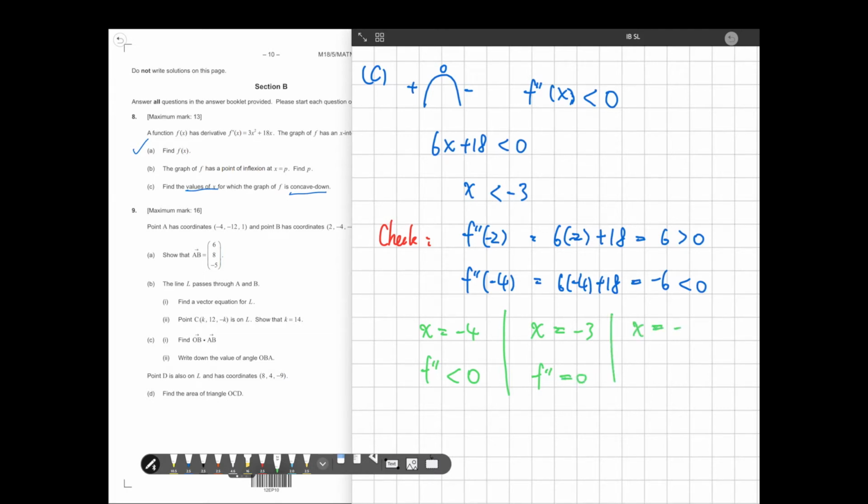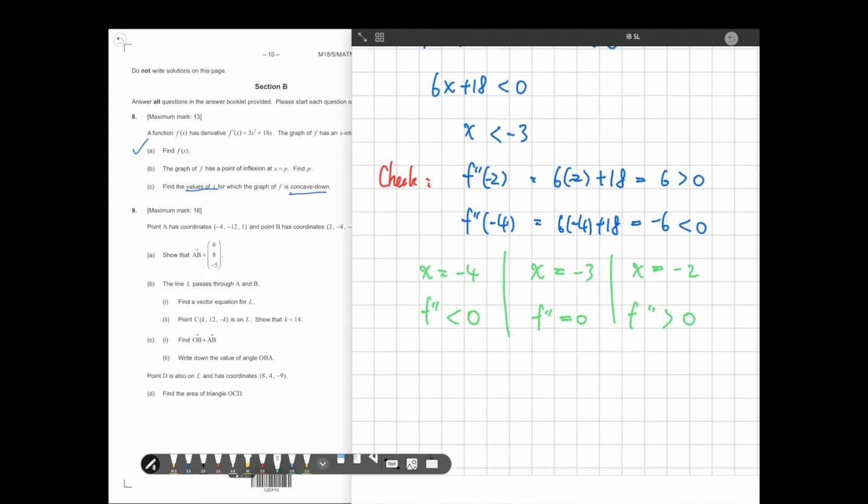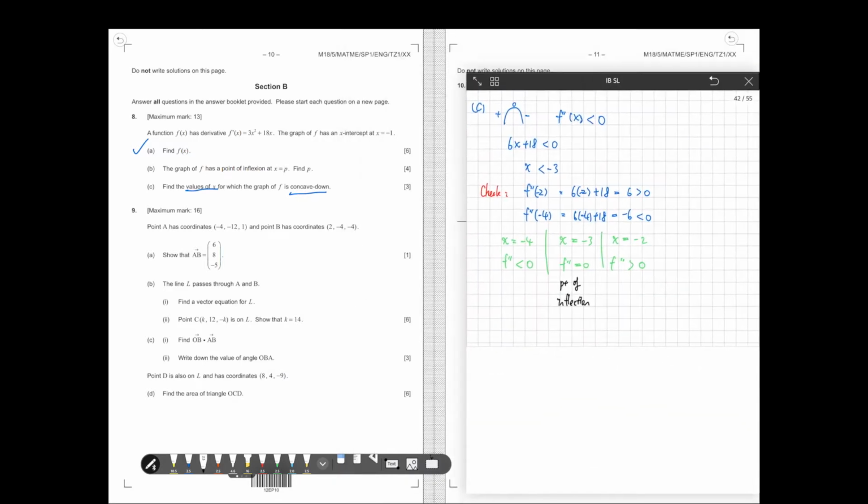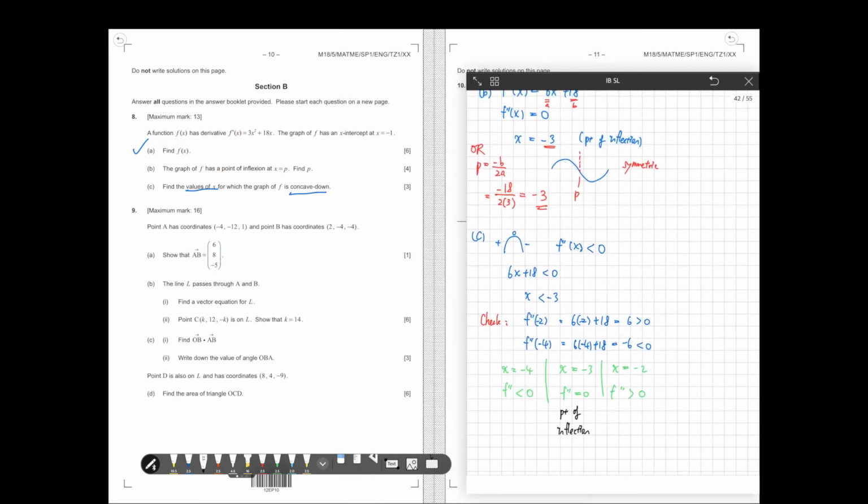When x is equal to -2, we have f double prime greater than 0. So that is the point of inflection. So that's it for question 8.